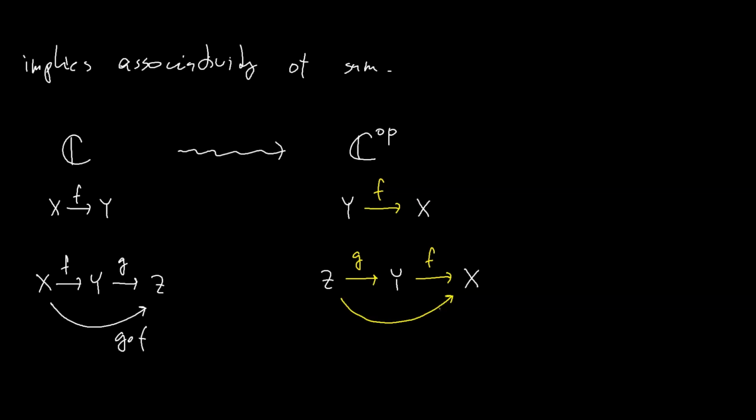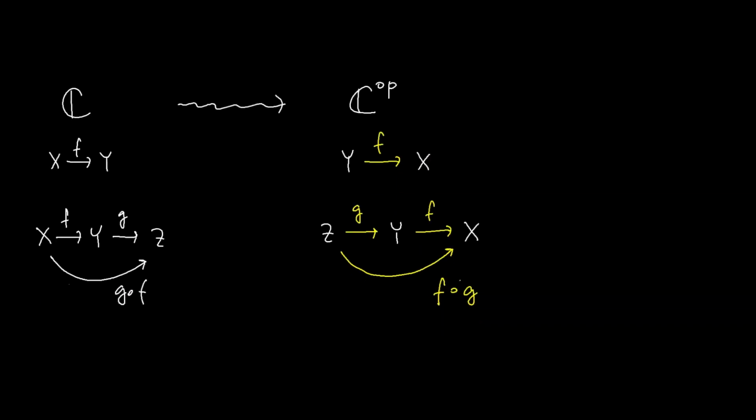That can be defined by taking this composite, but of course this composite now runs from X to Z, and here it's reversed, from Z to X. We're also going to write it in a different way. We're not going to write gf, we're going to write fg. So this is our composition op.